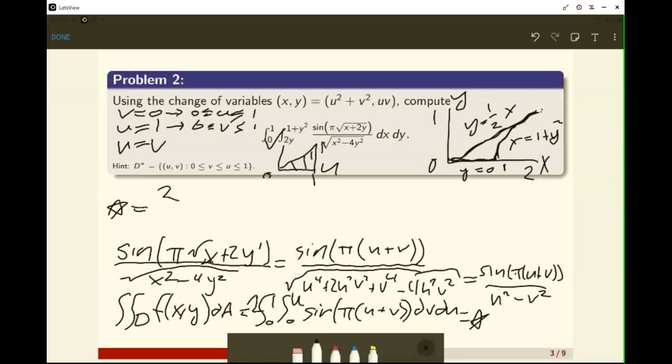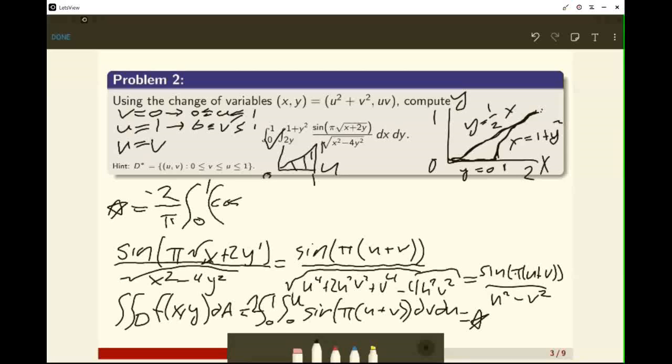The antiderivative of sine of pi times u plus v with respect to v is going to give us a factor of 1 over pi, and the antiderivative of sine is minus cosine. So I guess we get a negative sign. Integral from 0 to 1.